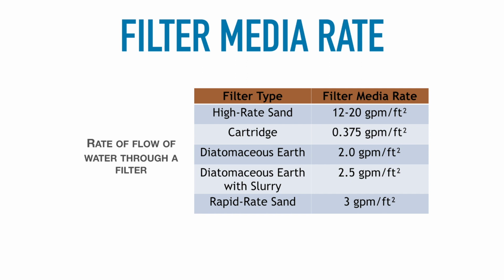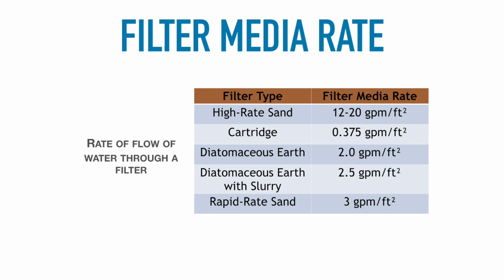So if I have high rate sand, according to our slide here, which is commercially rated, you're going to see that it's between 12 and 20 gallons per minute for every square foot. Now let's put this into context. Remember our 33,000 gallon pool required that we have 92 gallons per minute of flow through that system.